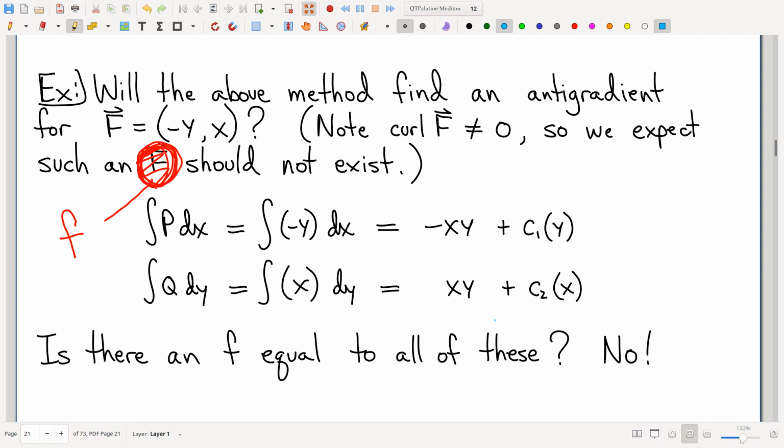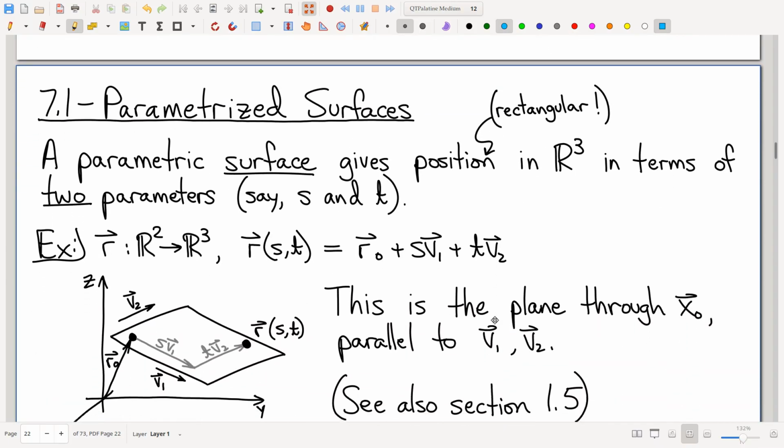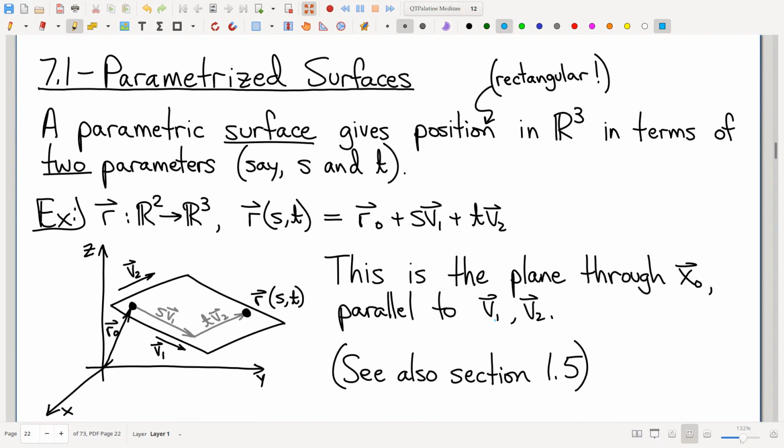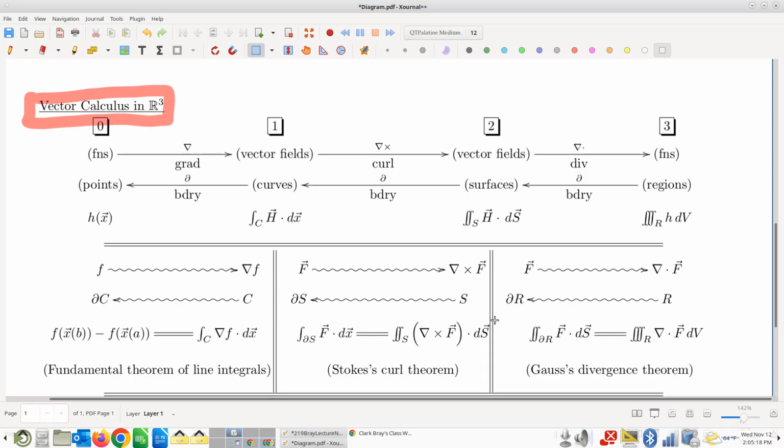Okay. So, moving along into chapter 7. Let me remind you, we are going to eventually have to make sense out of that thing, whatever that is. Again, this is called a vector surface integral. The way we're going to make sense out of it is, first we're going to define something called a scalar surface integral.